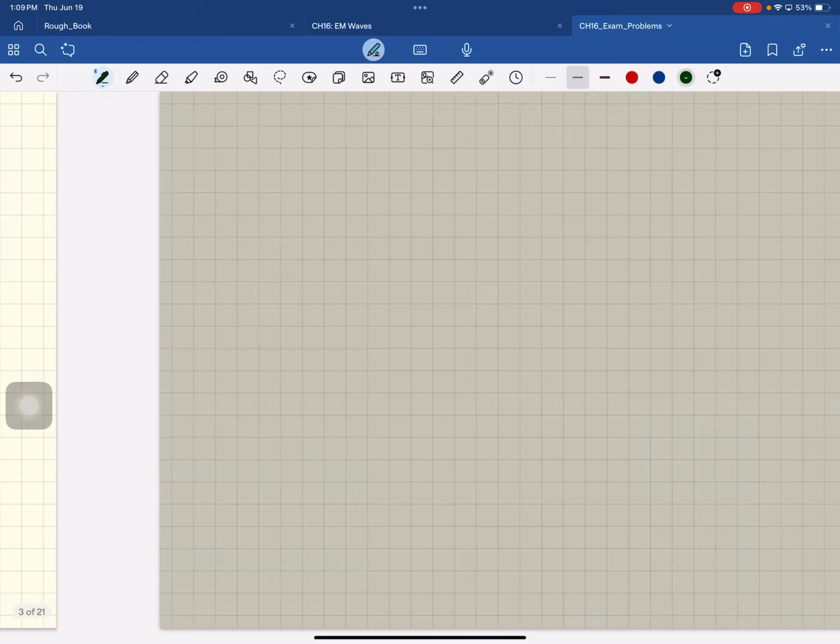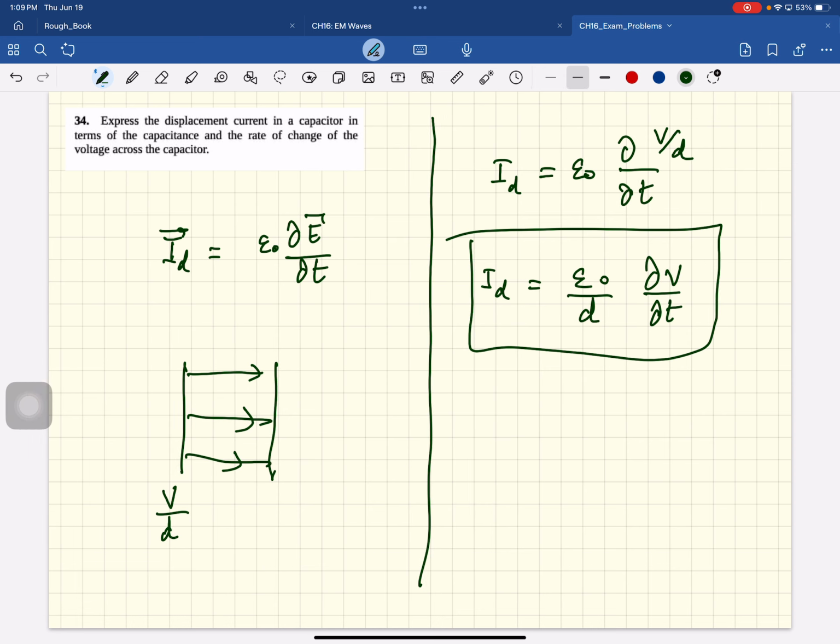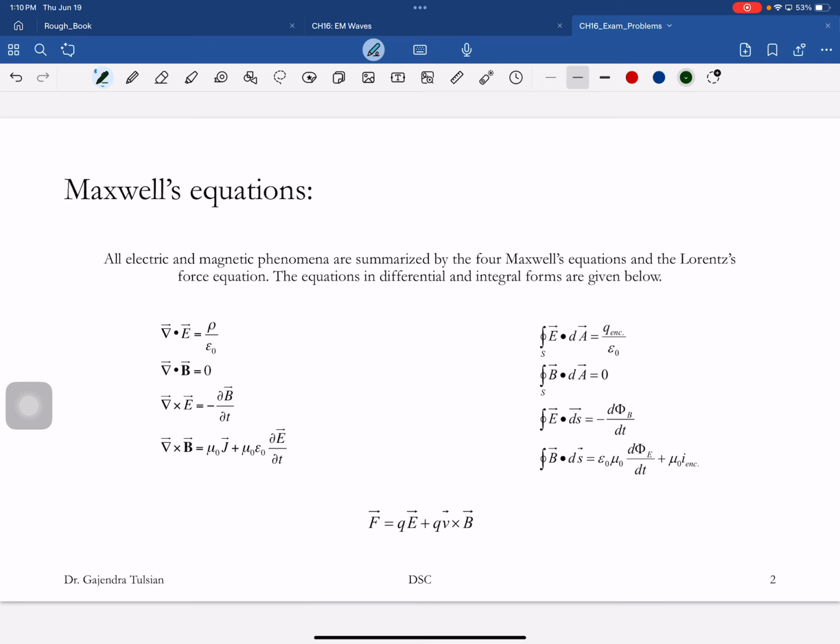that was the current density. I'm sorry, this was the current density. All right, and the displacement current is the displacement current density times the area. See, you guys see the mistake I made? The current density is what that is.